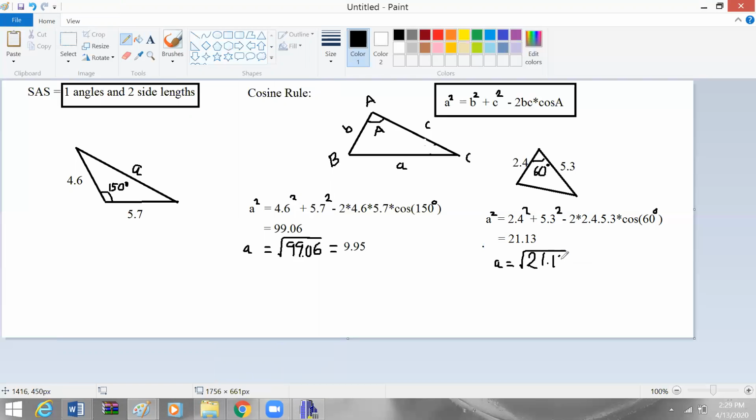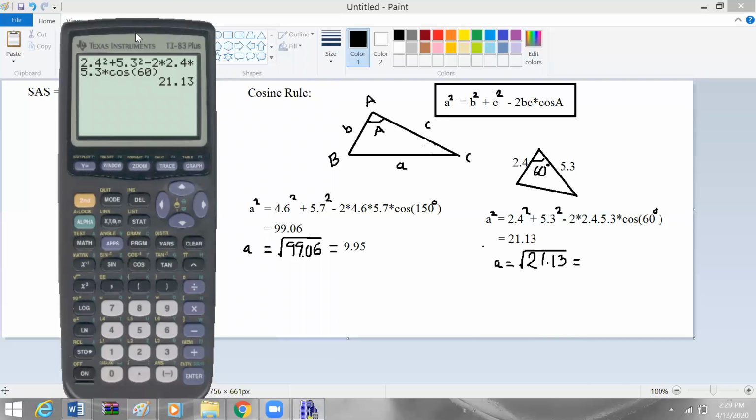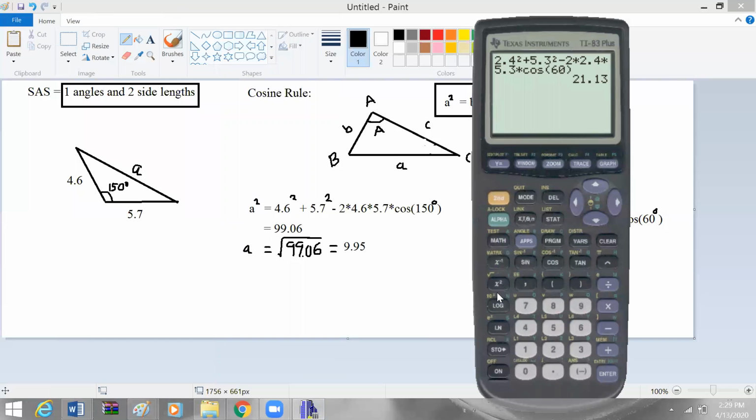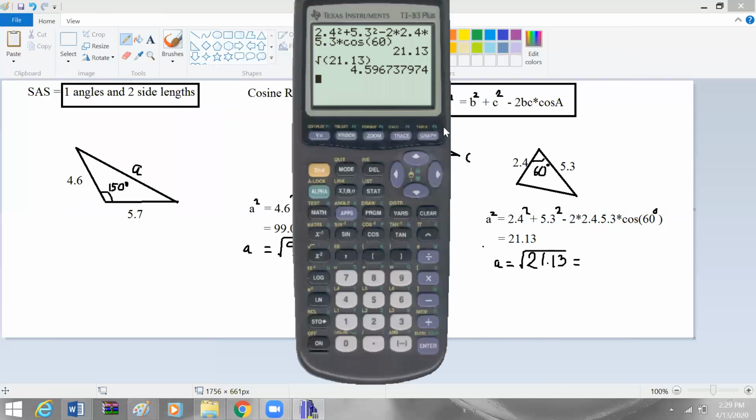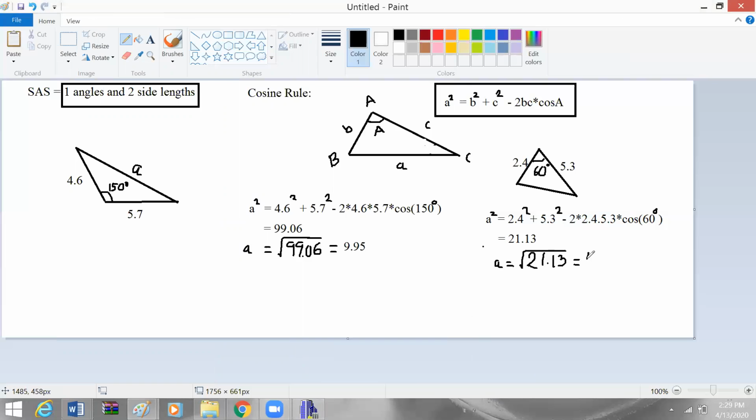So we're going to get the final answer correctly. We take the square root of 21.13, close it, and we get the answer, which is 4.59, which is 4.6, around that.